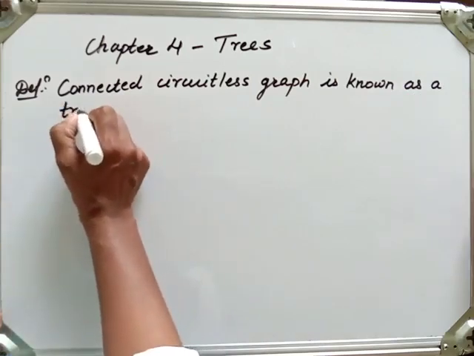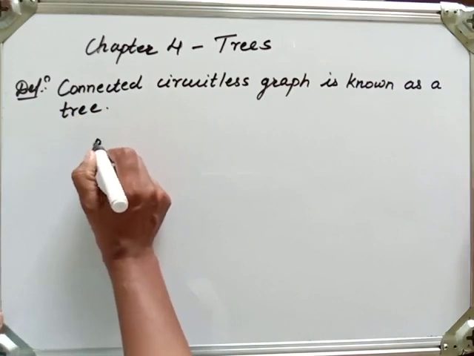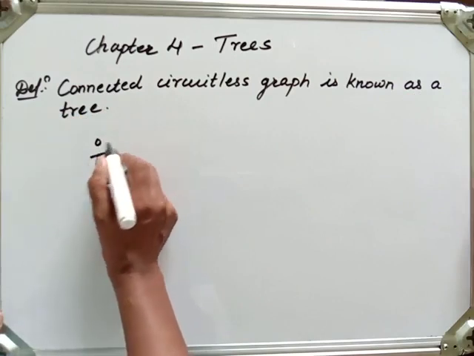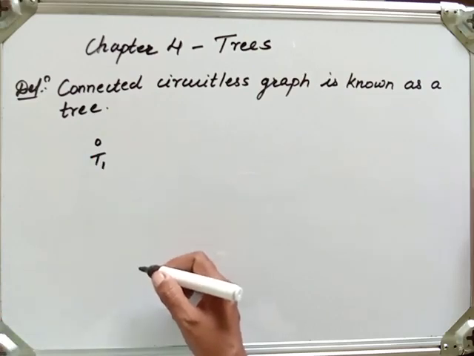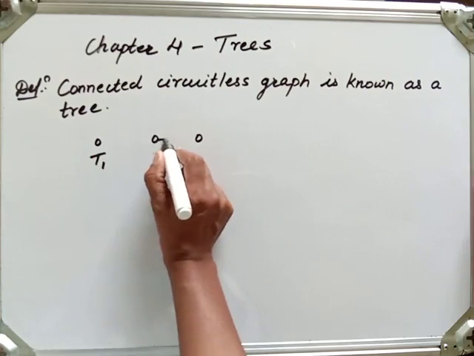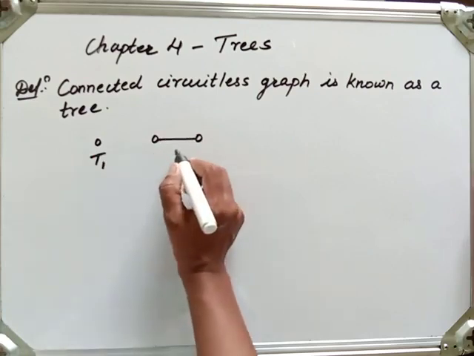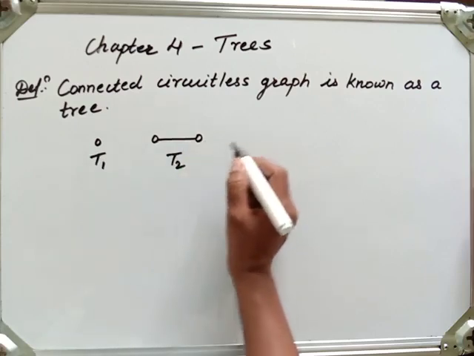For example, if we take a singleton, a single vertex with no edge, then it is nothing but T1. This is connected but circuitless graph.